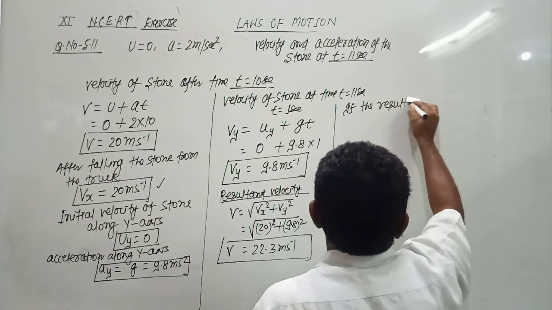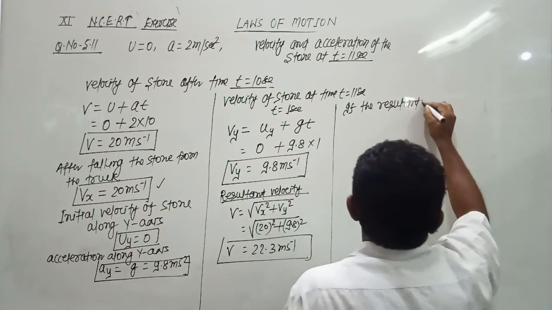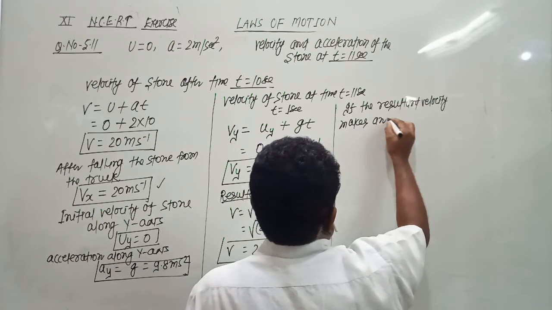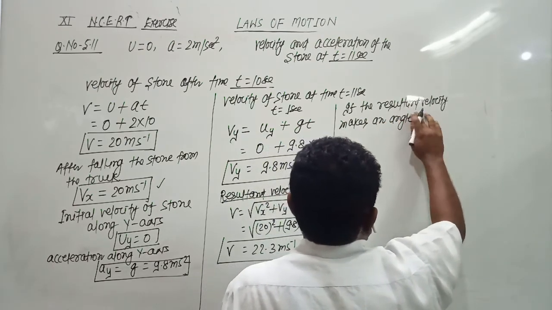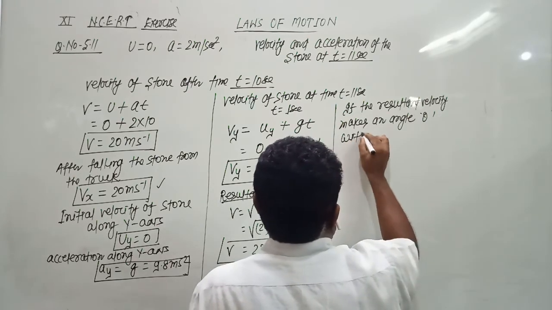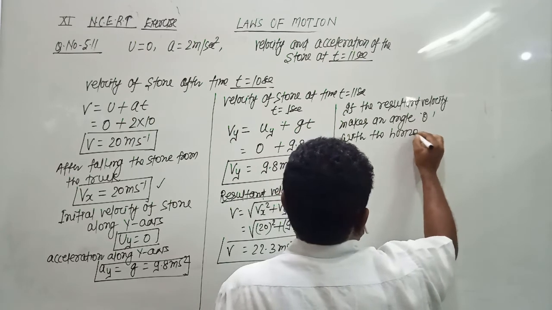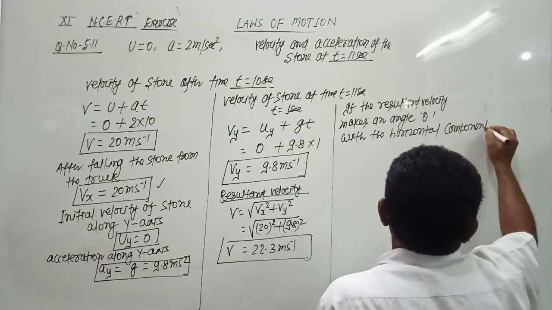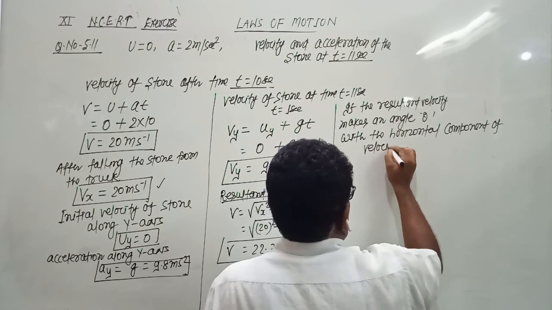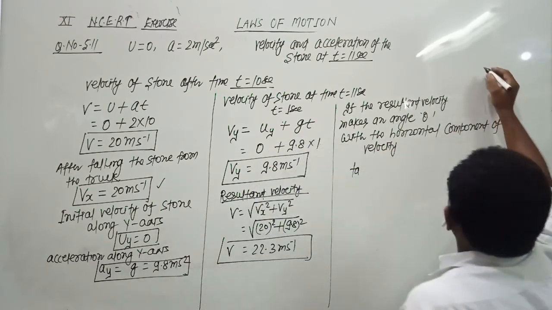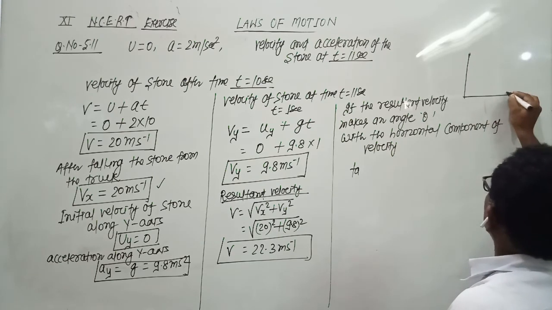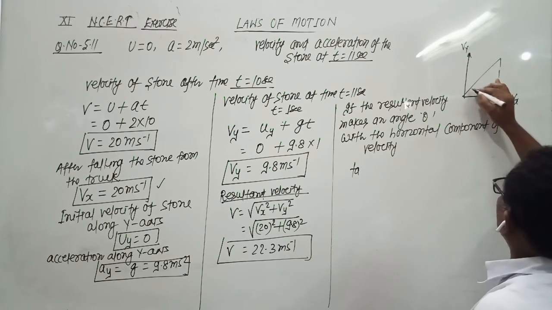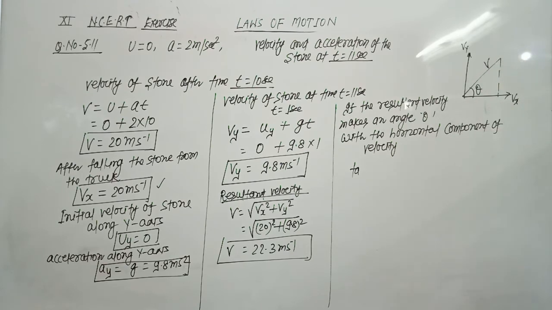If the resultant velocity makes an angle theta with the horizontal component of velocity, then consider this case: this is the horizontal component of velocity Vx, this is the vertical component of velocity Vy, and this is the resultant V, making an angle theta with the horizontal.